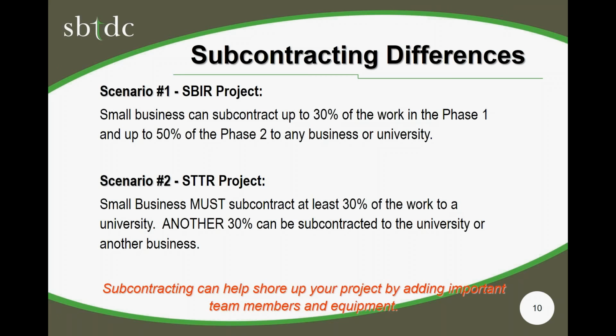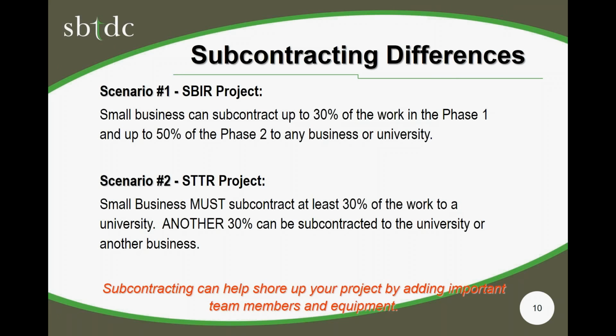Now, this subcontracting in an SBIR can be to a university, it can be to another small business, it can be to a large corporation. It doesn't matter. Okay, so if the situation arises where you don't feel that you need to subcontract any of the work, you don't have to. Okay, so but up to 30% can be outsourced to any entity that you wish.